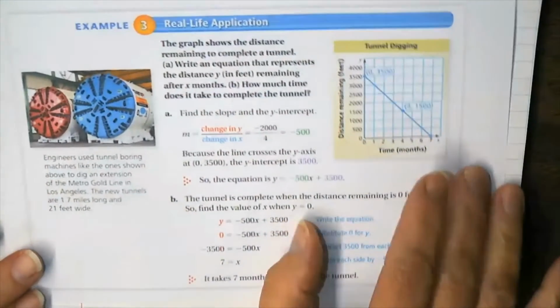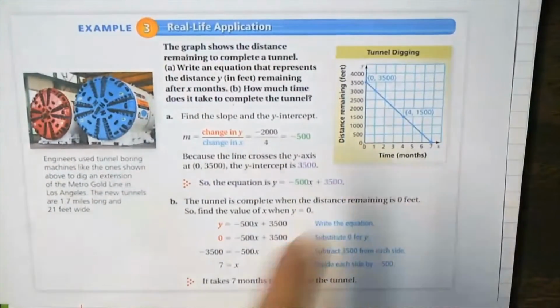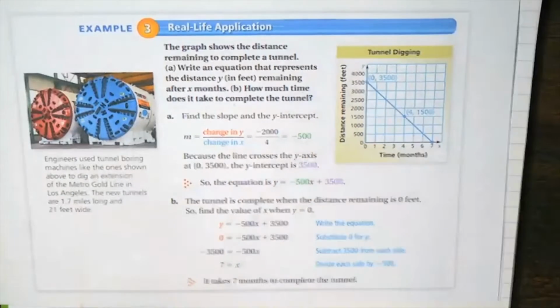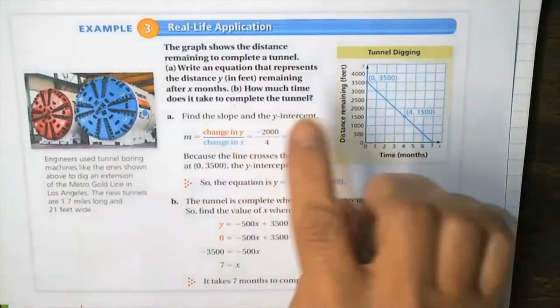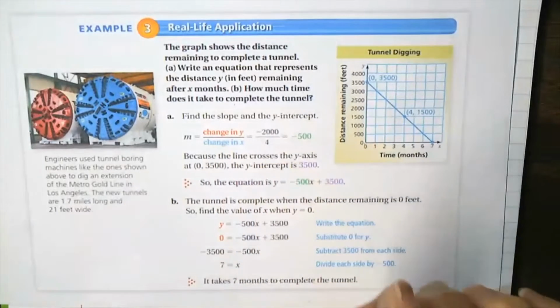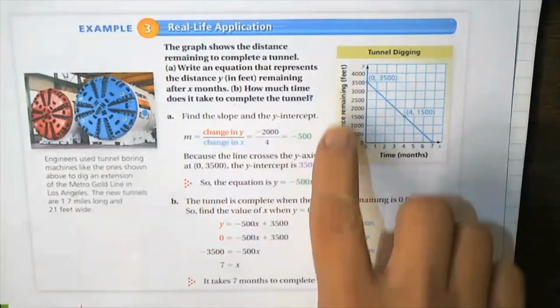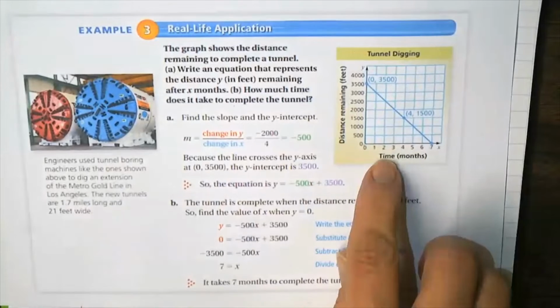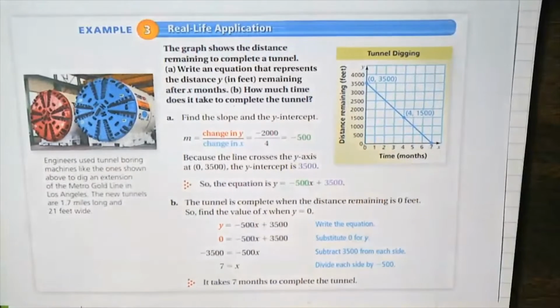So the first example that they're giving us right here, the graph shows the distance remaining to complete a tunnel. A, write an equation that represents the distance y in feet remaining after X months. B, how much time does it take to complete the tunnel?